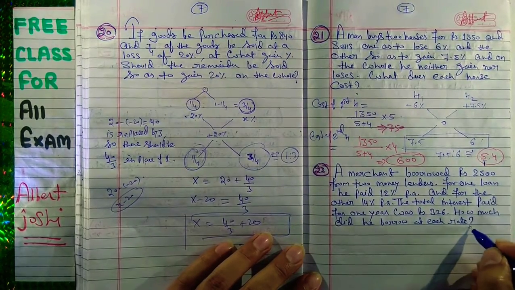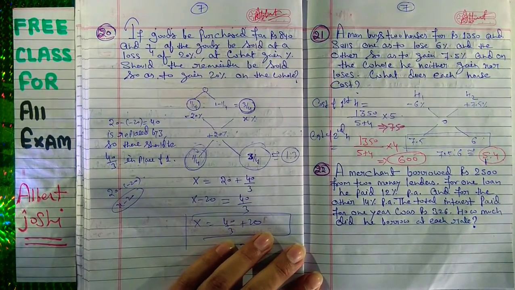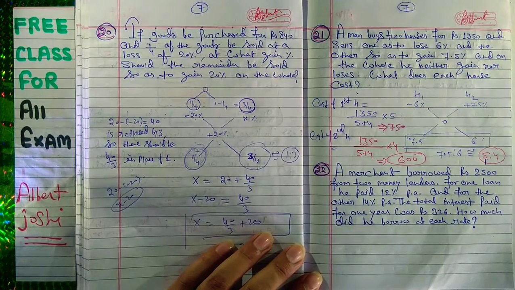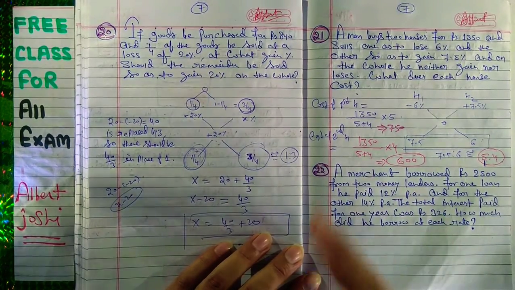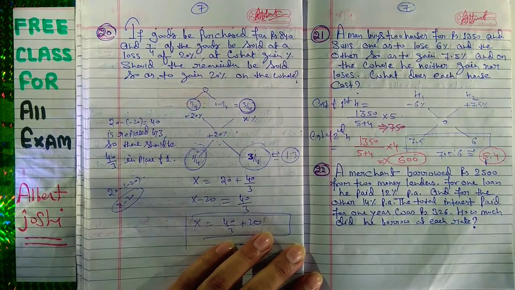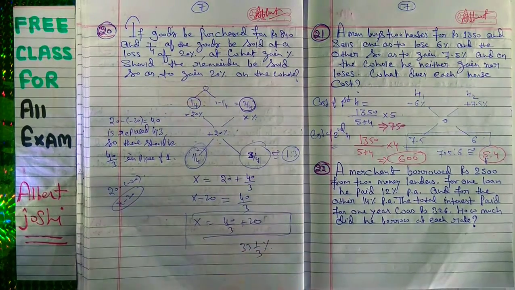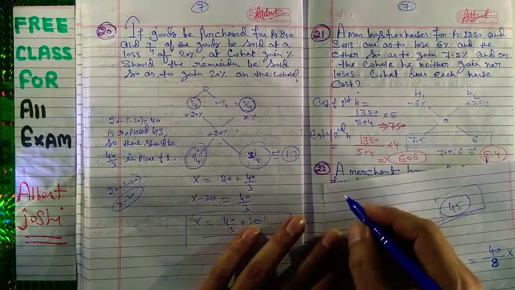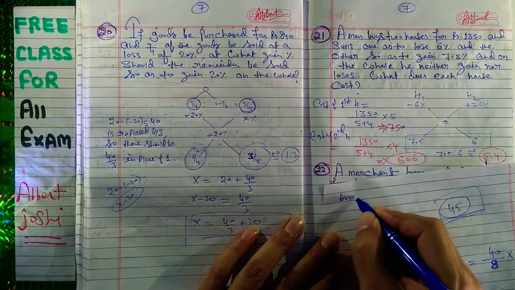So how to solve this problem? We have already solved this type of problem in an example. The merchant paid rupees 326 as interest on his total borrowed amount. At first we will find the average percent.